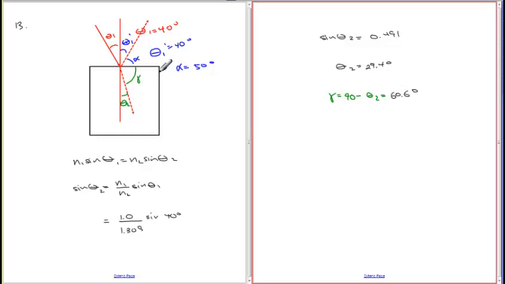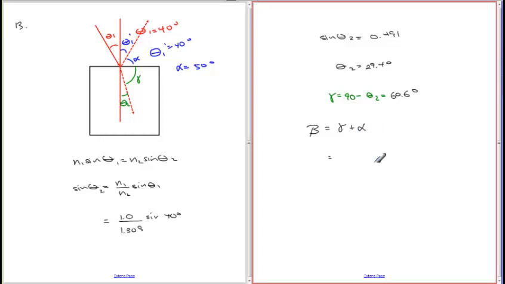So what we're looking for is the angle between the reflected light and the refracted light. We'll call it beta, because we run out of letters. So beta is equal to gamma plus alpha. We figured out that alpha was equal to 50 degrees from here.